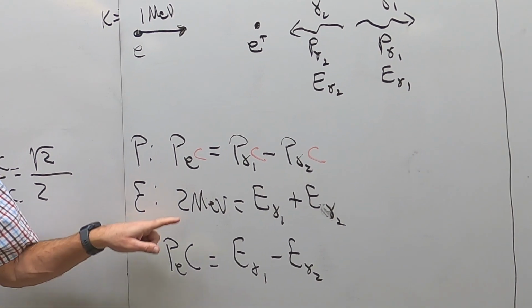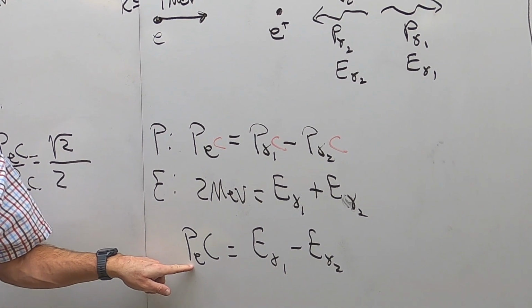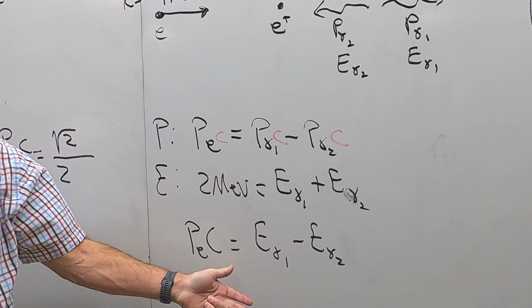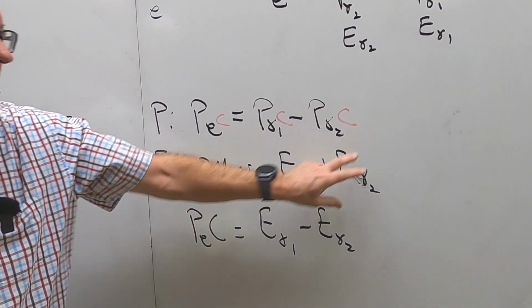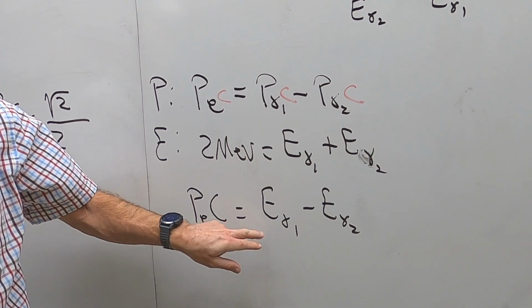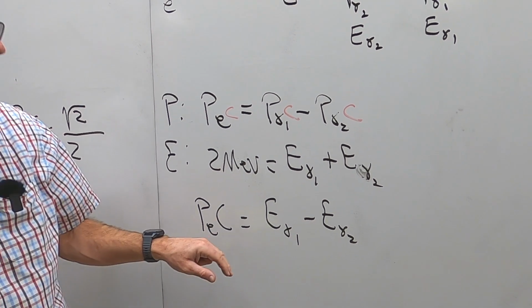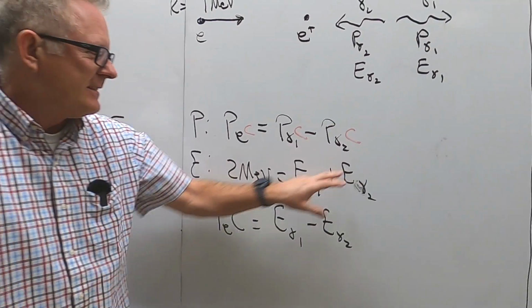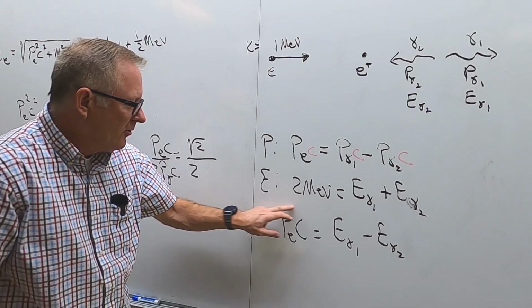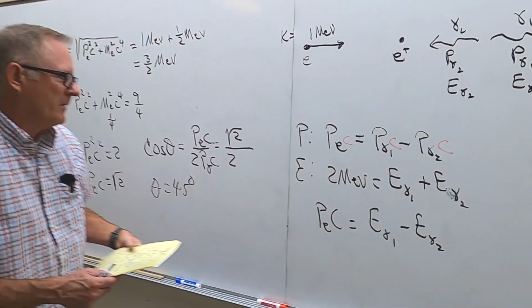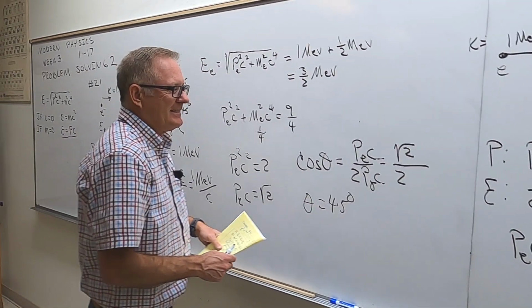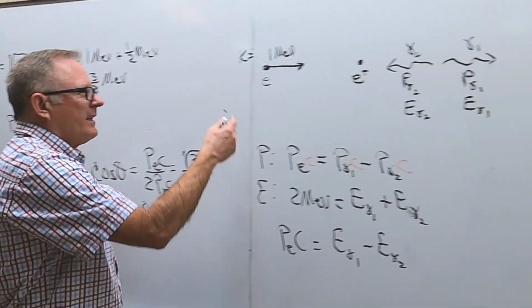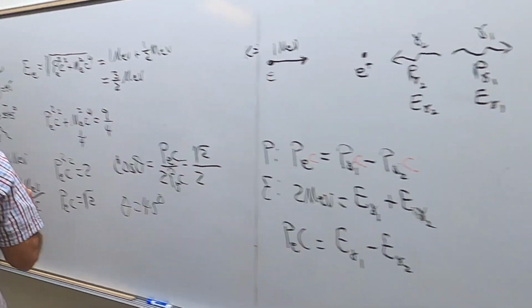Now, if I knew this number right here, then I could get it, because if I add the two equations, this term drops out, this doubles. If I subtract the two equations, then this term subtracts out and this doubles. If I only knew this, P_e c. So how can I get P_e c? Well, I can do exactly what we did before.